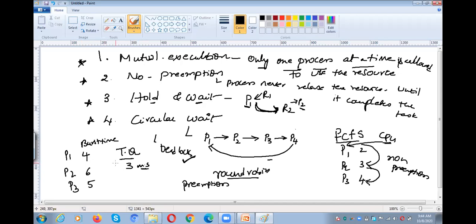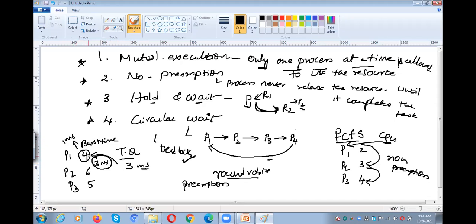First I will give a chance to P1. After 3 milliseconds, the P1 task will not be complete, because it requires 4 milliseconds of CPU time but we have assigned only 3. So P1 still requires 1 millisecond of CPU time.